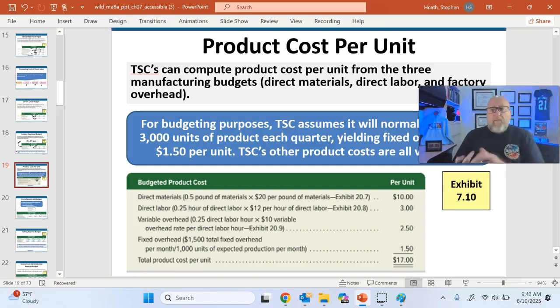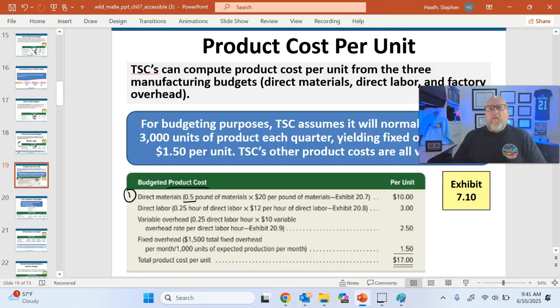And I can break manufacturing overhead out into two components: the variable manufacturing overhead and the fixed manufacturing overhead. So the first product cost is material. Remember, we're doing a per unit cost, the product cost per unit.